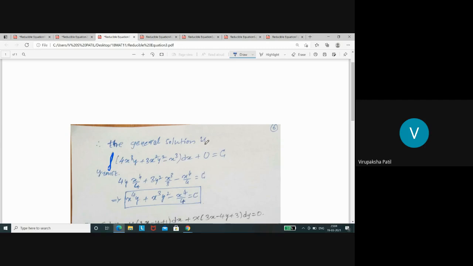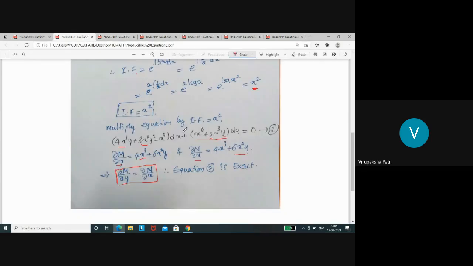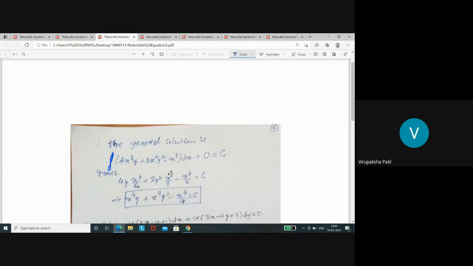Now for the integration of N dy, you should consider terms not containing x. This term also contains x, so no term is free from x here, so we shall consider it as 0, equal to c.